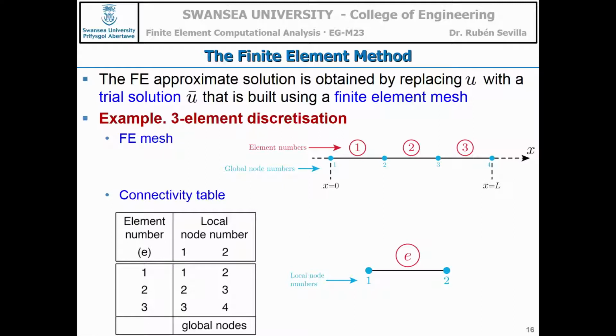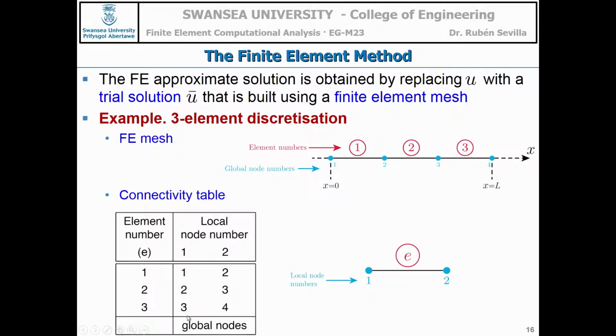But when you look and you focus your attention in only one element, this element only has 2 nodes, the first and the second. And this is the local numbering. And this is going to be crucial, especially when you think on putting this into a computer. Okay? This is how we are going to be able to program things properly in a computer language.